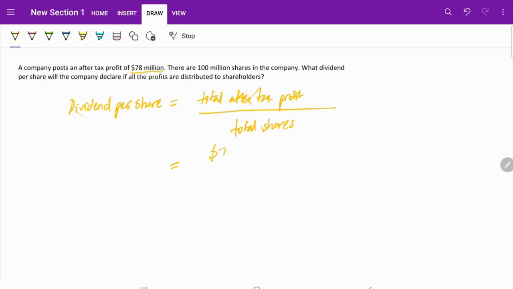So we just put that on top. And then our total shares are 100 million. So we just put that on the bottom. And then when you plug into the calculator, should come up as 0.78. So that means our dividend will be 0.78 per share.